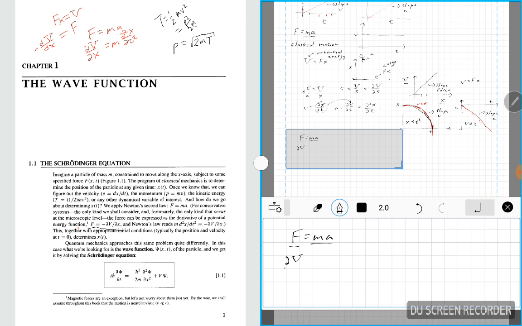I could go ahead and rewrite that in a little bit fancier terms and say that the force is the derivative of the potential energy with respect to the distance equals the mass times the second derivative of the position with respect to time. So I see that my first derivative with respect to distance is proportional to my second derivative with respect to time. If I know something about the force, I know a lot about its position.